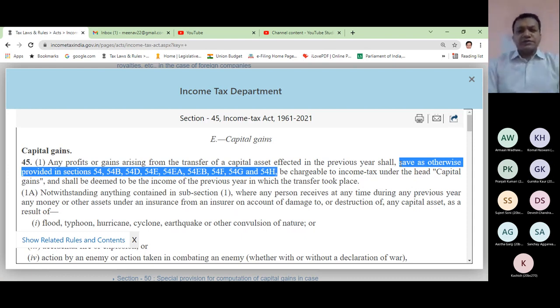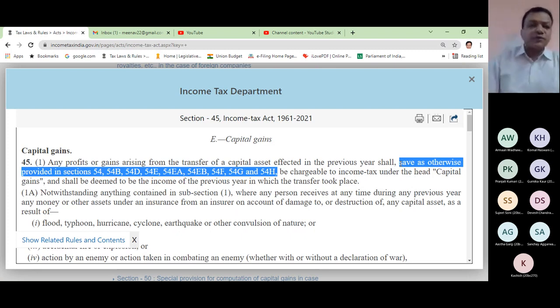are those sections which give some exemptions. Like if my capital gain has come out to be 7 crore rupees, might be these sections will exempt 1 crore, might be. Every section is having own conditions also.